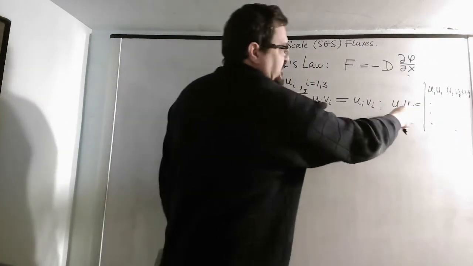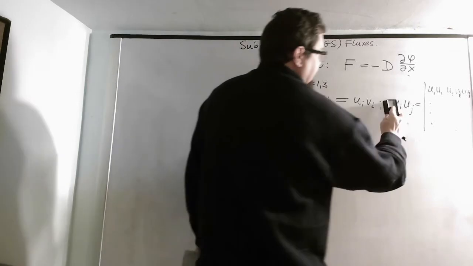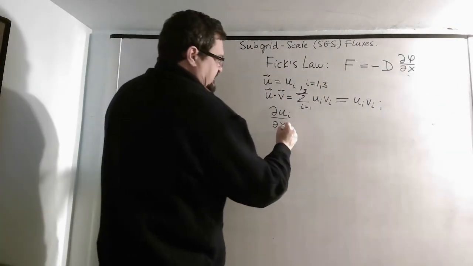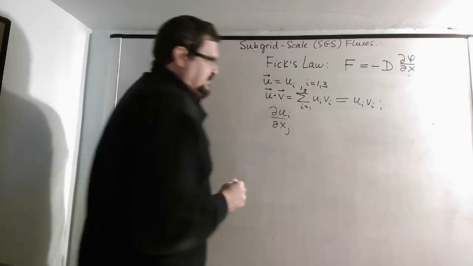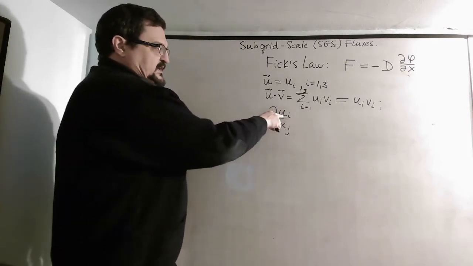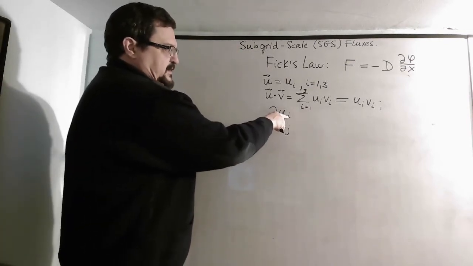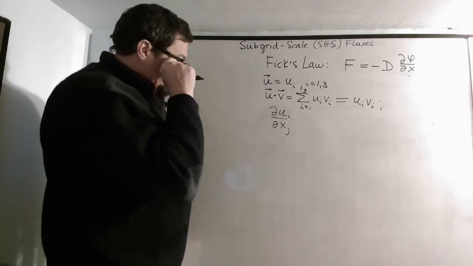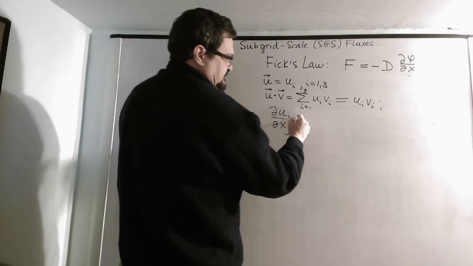So it's a 3 by 3 matrix. Because there is no repeating index here, it's just a matrix. A derivative like this can be the derivative of the first component with respect to the second coordinate, and so on. So this one is just a matrix.